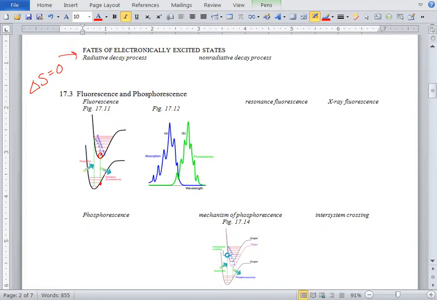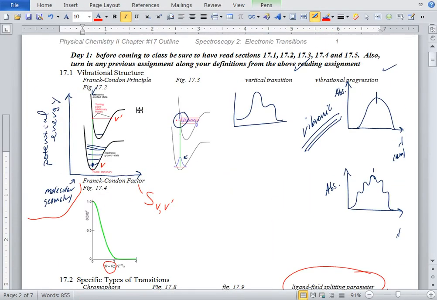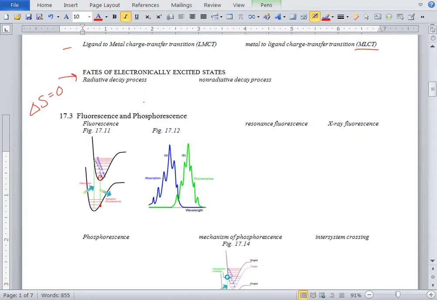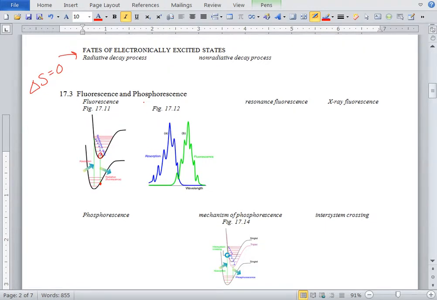So it could go to the ones that are closer. There could be a vibrational progression again. Now you shouldn't call it absorption. What do we call it? Vibrational progression. So it goes either way, right?